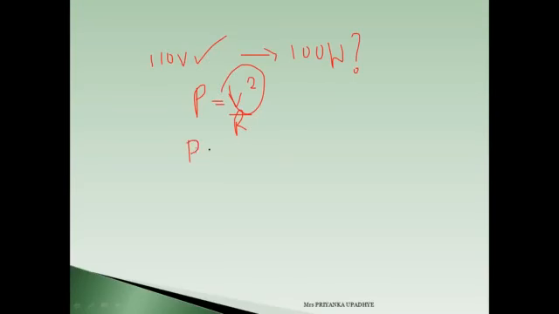So P is equal to 110 square divided by resistance, which is 484. If you solve this, you will get 25 watt.